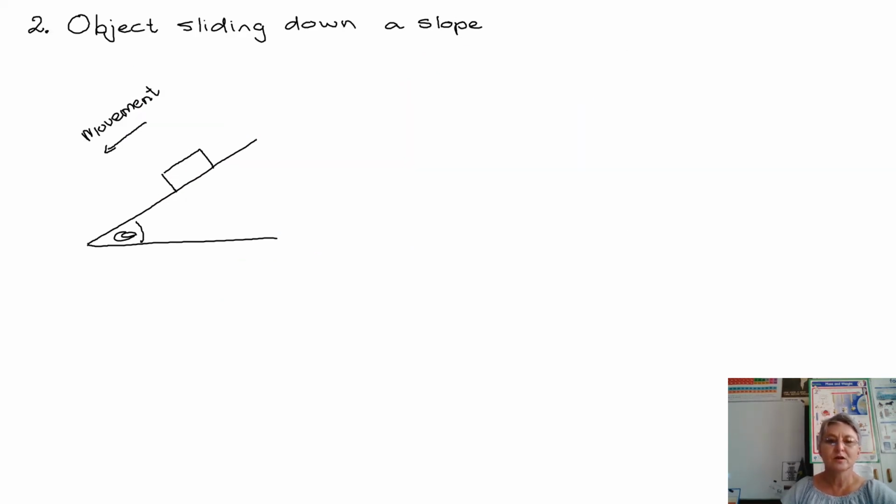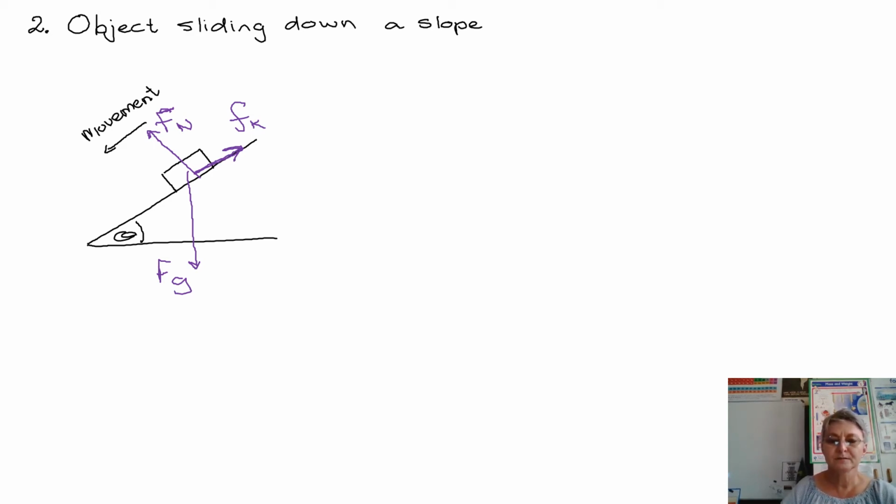In number 2, the object is sliding down the slope. So the forces acting on the object will still be gravity, Fg, the normal force, Fn. Its movement is down, so there will be an upward friction, Fs. But no, it's moving, so this would be the kinetic friction, Fk.